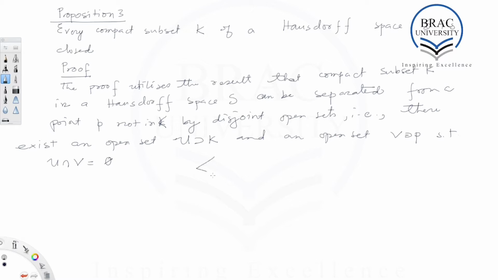Say that we have a compact subset K in the topological space S, and there is a point P which is not in K. We'll always be able to separate P from K in the sense that we can draw an open subset containing K and another open subset containing P, such that these two open subsets don't have any point in common.